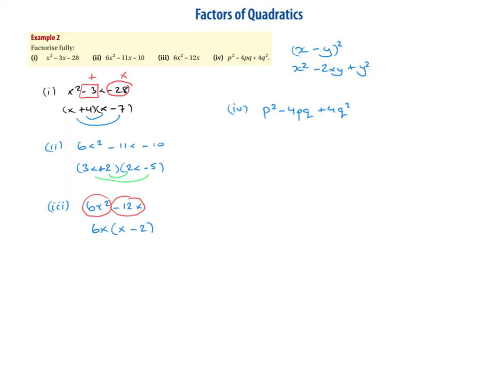Now that looks something like this. Here we've got the square, here we've got the square, and these numbers are slightly different. So there's going to be p's and q's in it, and it looks like it's going to be a square. So let's try it. p times p will give me the p squared.